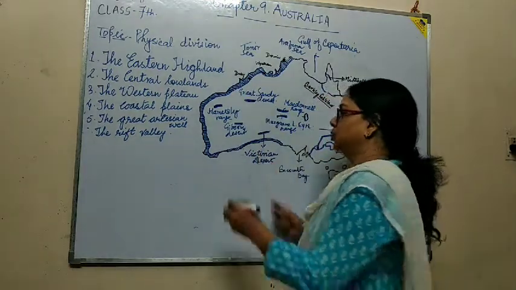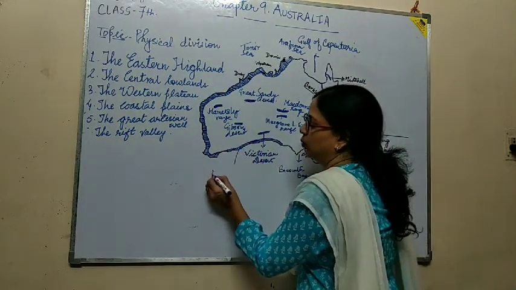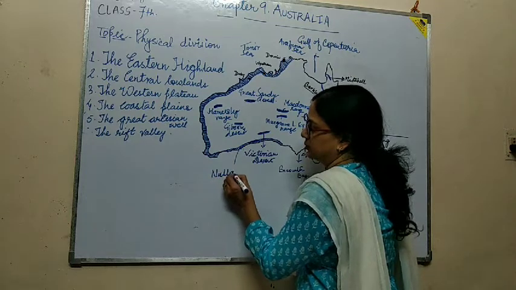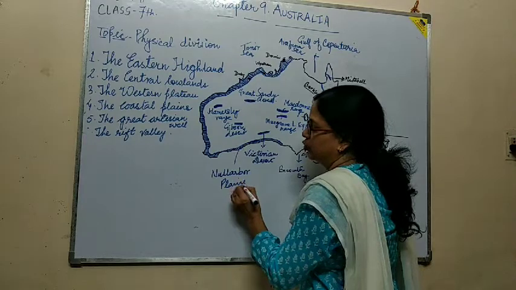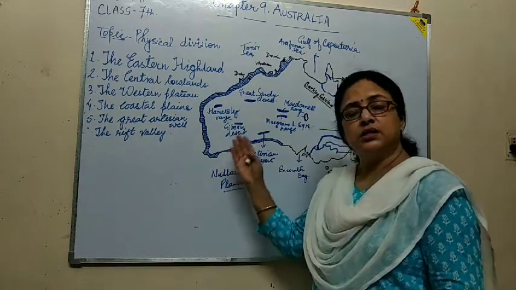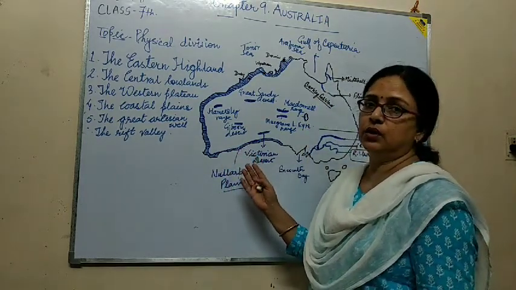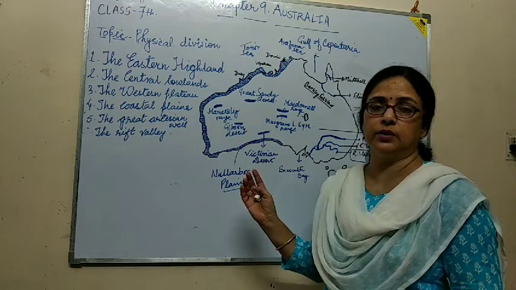Whereas in the south there are the Nullarbor Plains, which occupy the southern coastline of Australia.